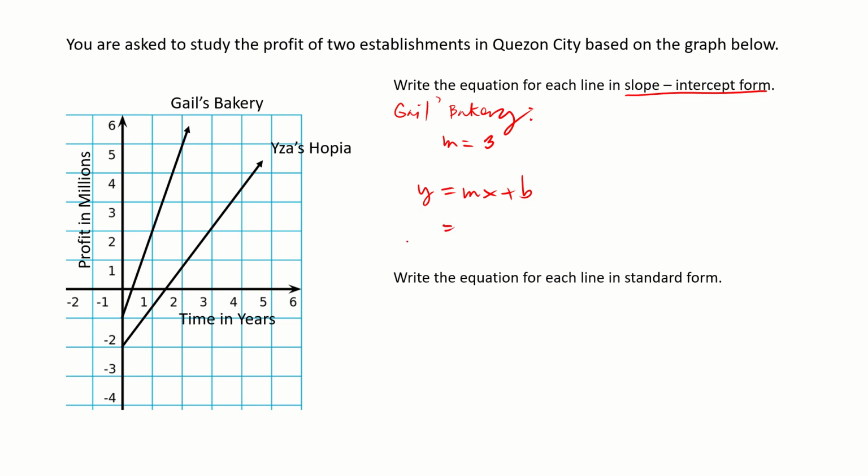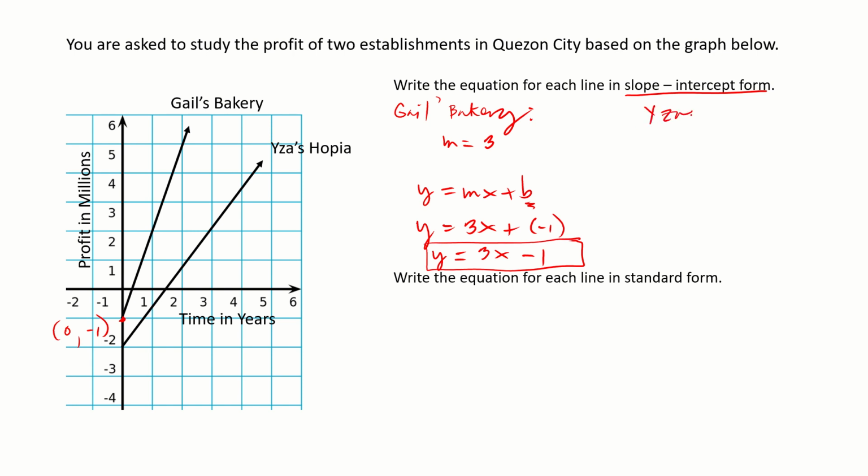We already know what is m, so we just have to substitute. But we still don't know what is b. Again, b is the y-intercept. In our case here, the line crosses the y-axis at 0, negative 1. So that means the y-intercept is negative 1. So the final answer here is y is equal to 3x minus 1.